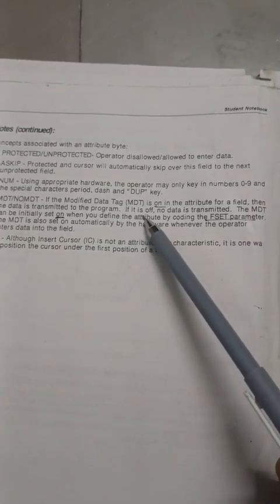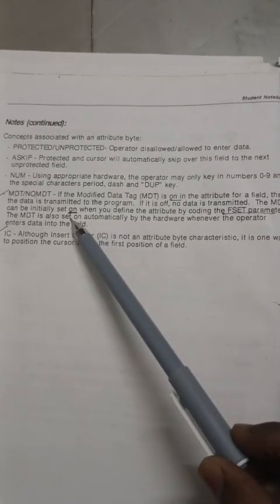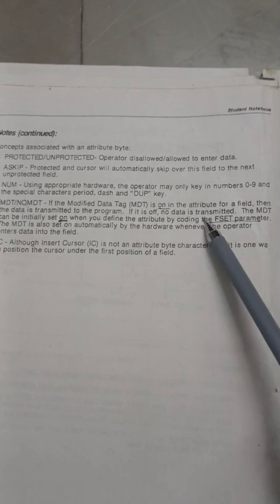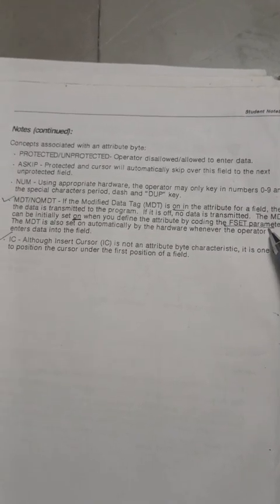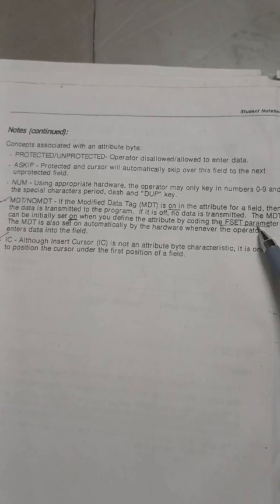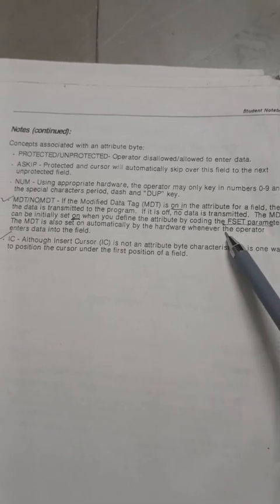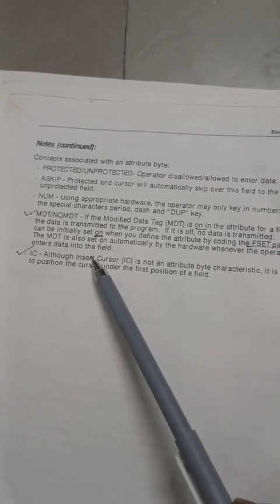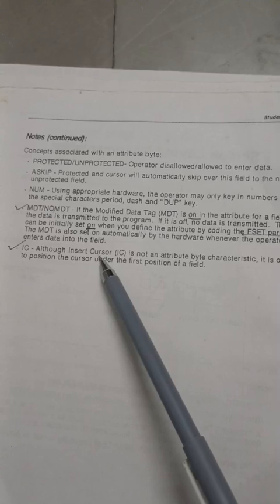And if the MDT is off, no data is transmitted to the program. The MDT can be initially set on when you define the attribute coding with the FSET parameter. We can turn MDT on or off through macros, or we can use the FSET parameter. We will see in the macro definition how to define MDT on or off, or the FSET parameter.